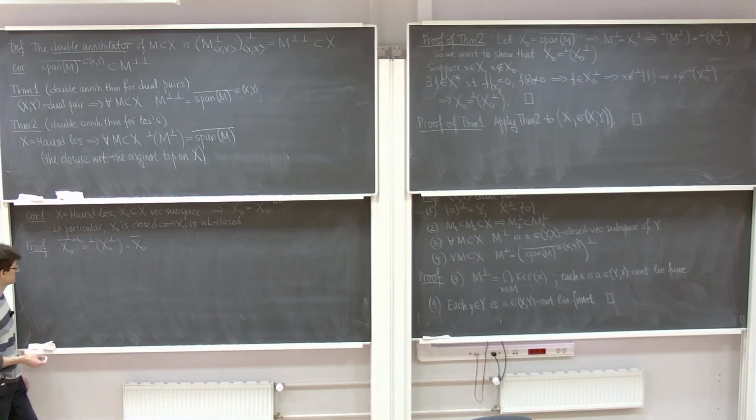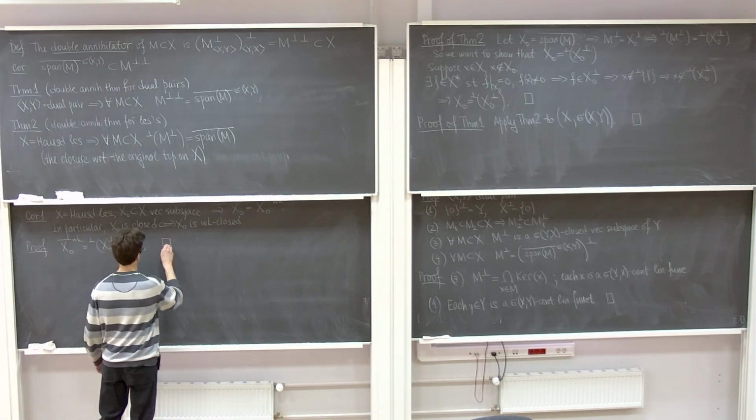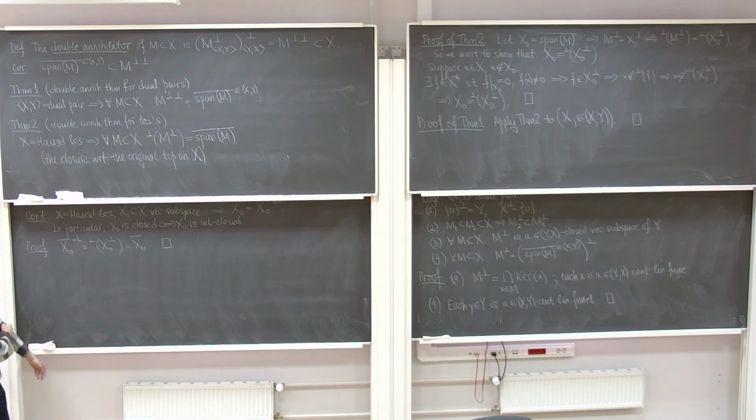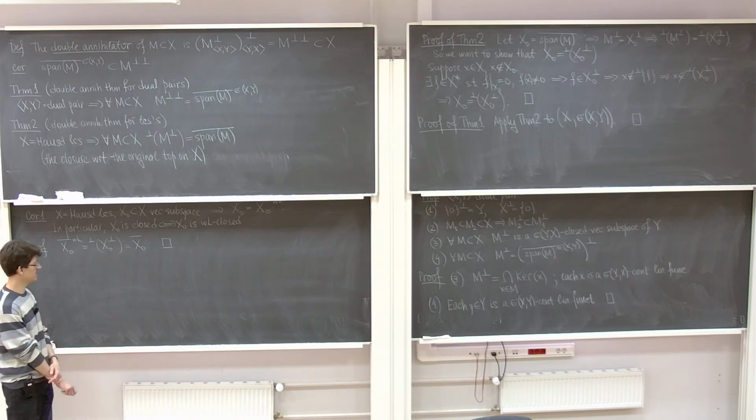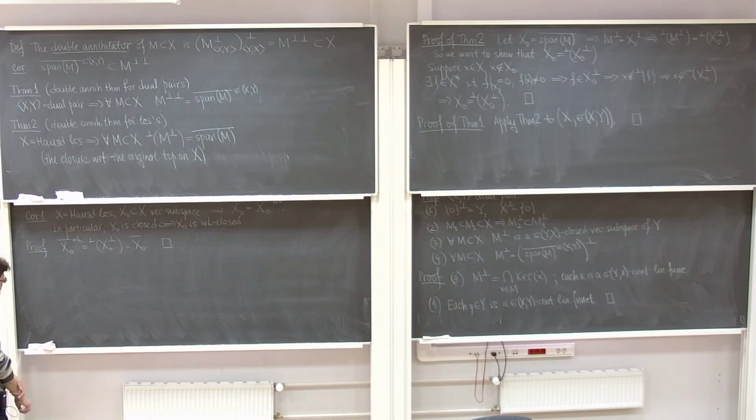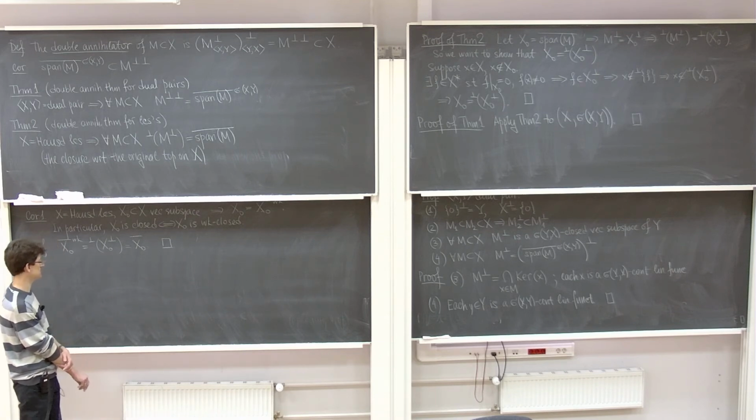And that's it. By the way, this result can be extended to arbitrary convex subsets of X. So it turns out that a convex subset of X is closed if and only if it is weakly closed. But this is a little bit less trivial, so we skip this result.